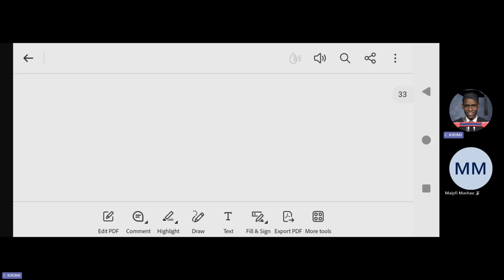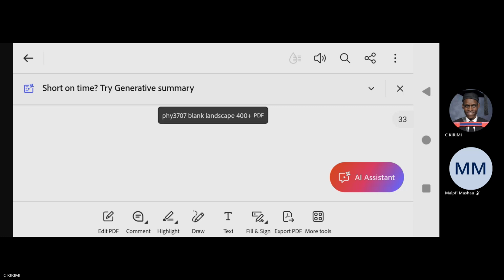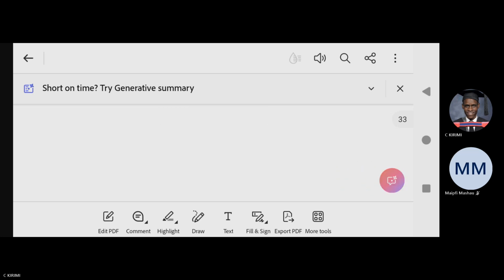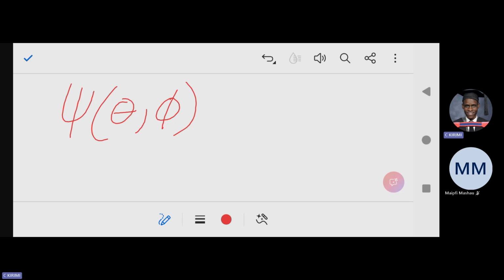So for psi, remember psi is a function of phi and theta. Psi, theta, and phi. We want to write this in spherical harmonics.